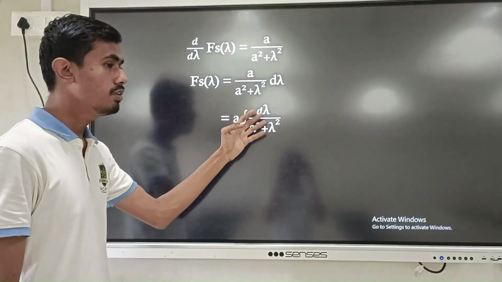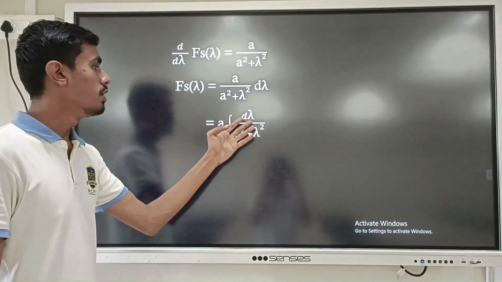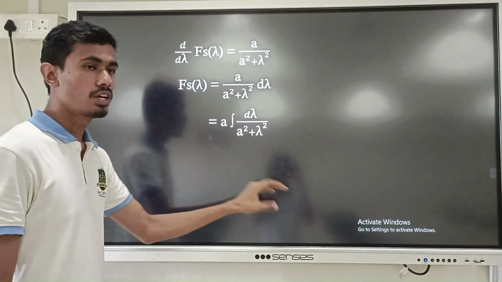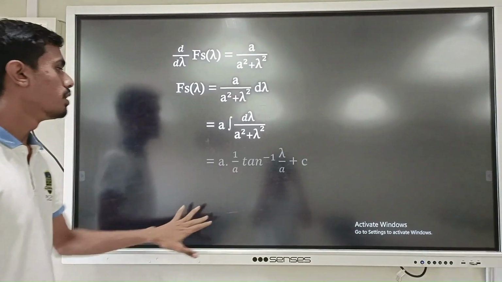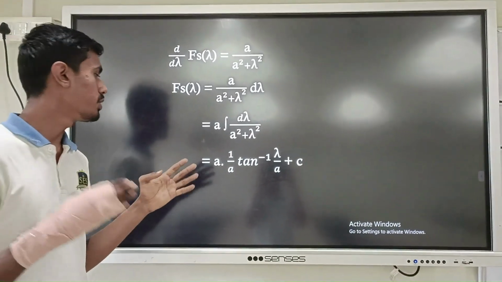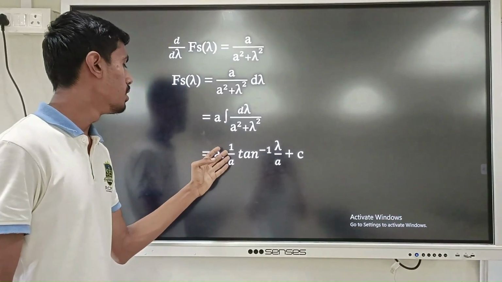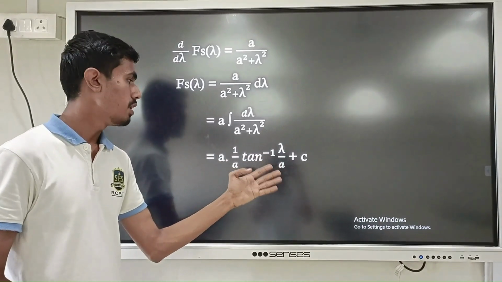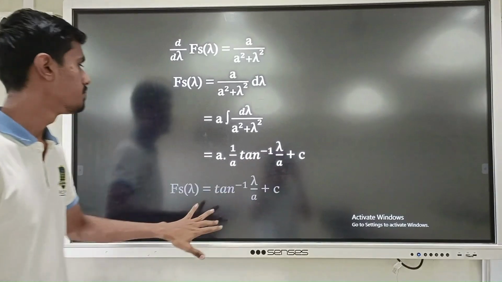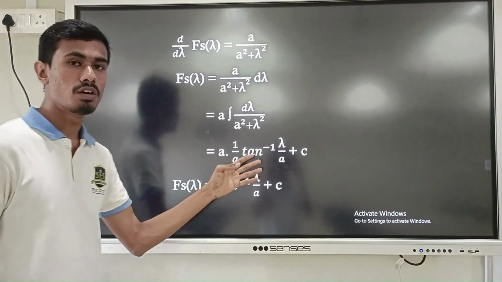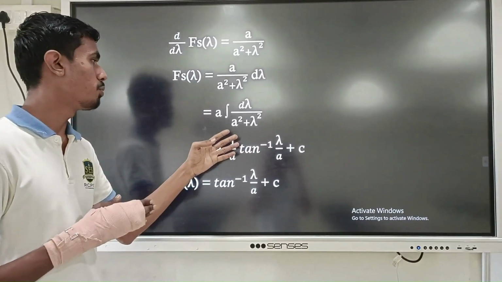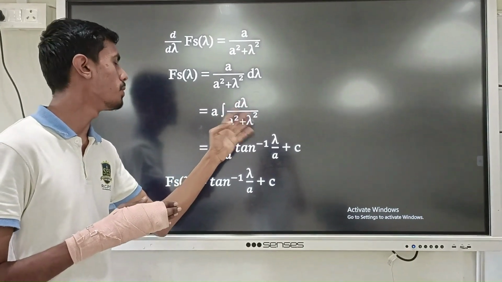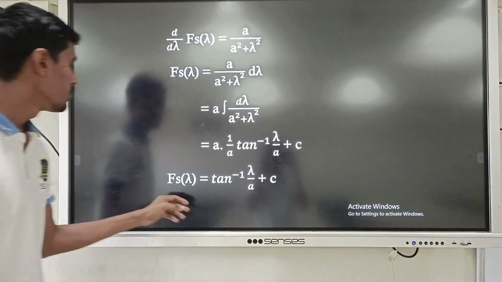We know the value of the integral of d lambda upon a square plus lambda square is 1 upon a tan inverse of lambda upon a plus c, which is the standard formula.